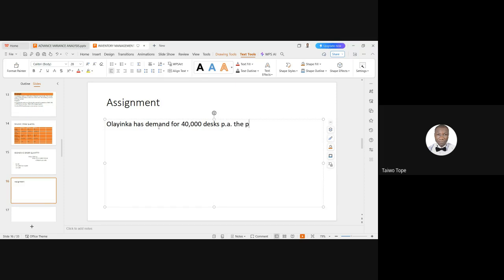The purchase price of each desk is 25 naira.